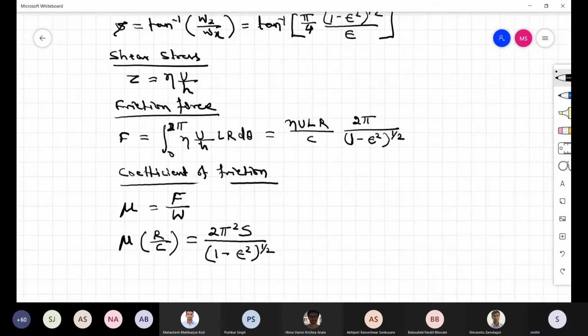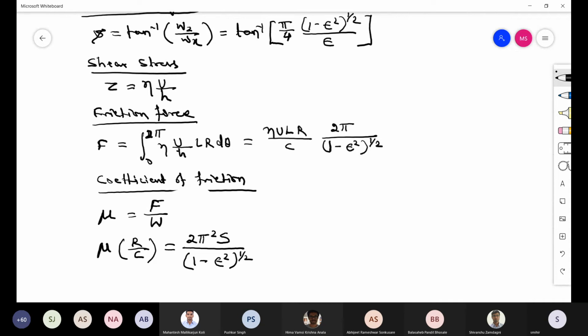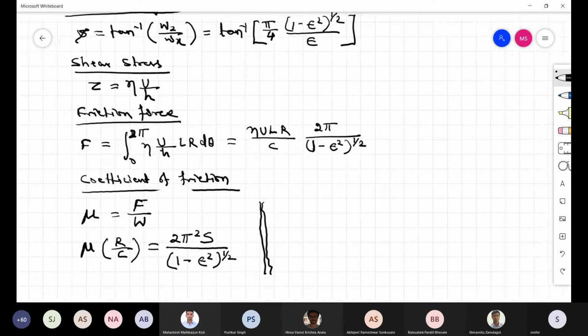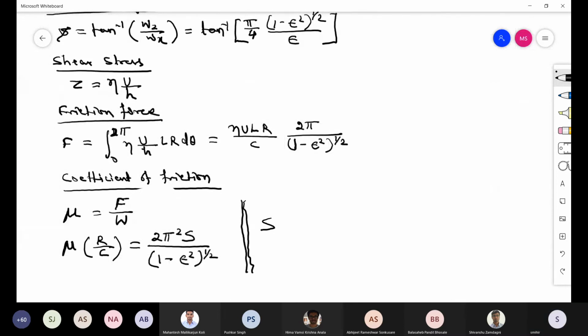where this S is eta n divided by P, R by C whole square. Now what is P? This P is not pressure.